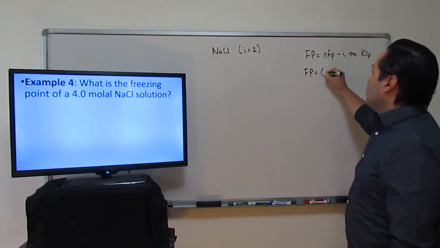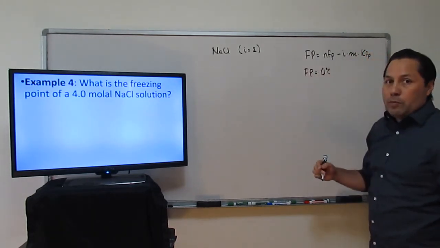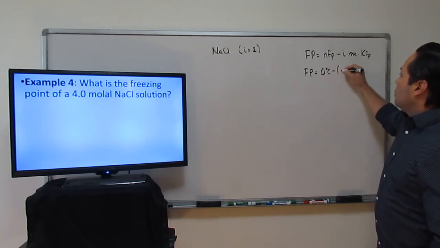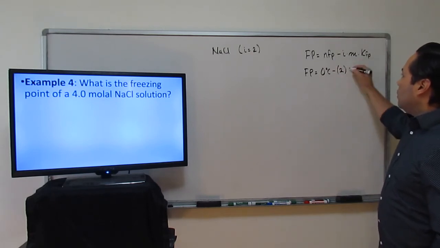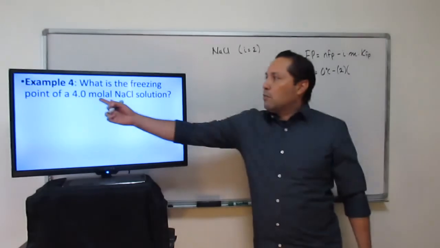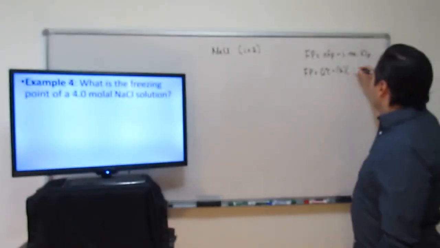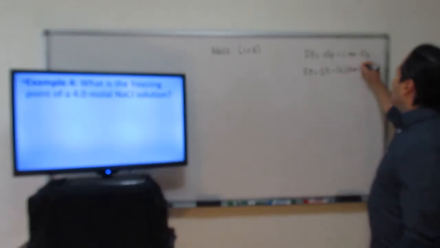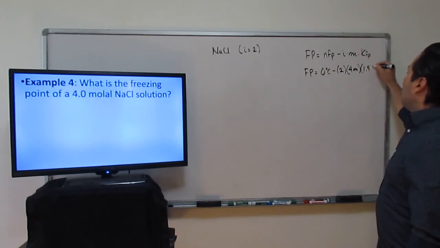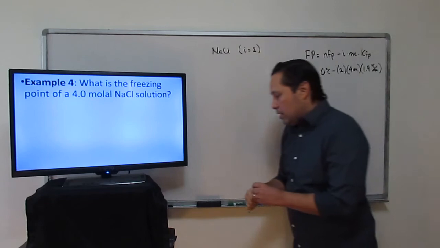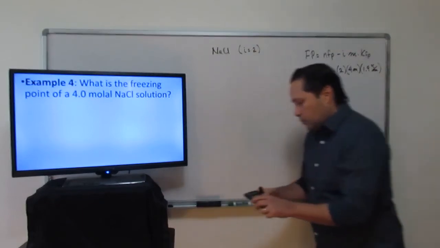Freezing point is equal to 0 degrees Celsius for the normal freezing point of water, minus 2 for the Van't Hoff factor. Molality is given to us. The molality is 4. And the constant 1.9 degrees Celsius. Alright, so now we plug it into the calculator. And we're going to get the following.